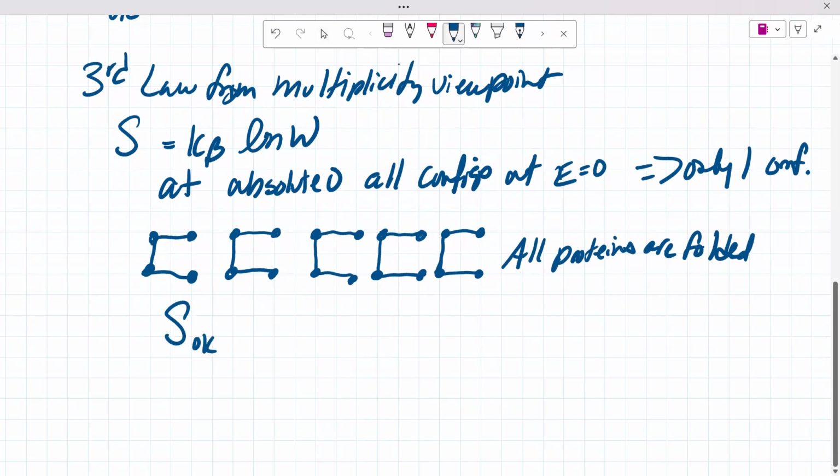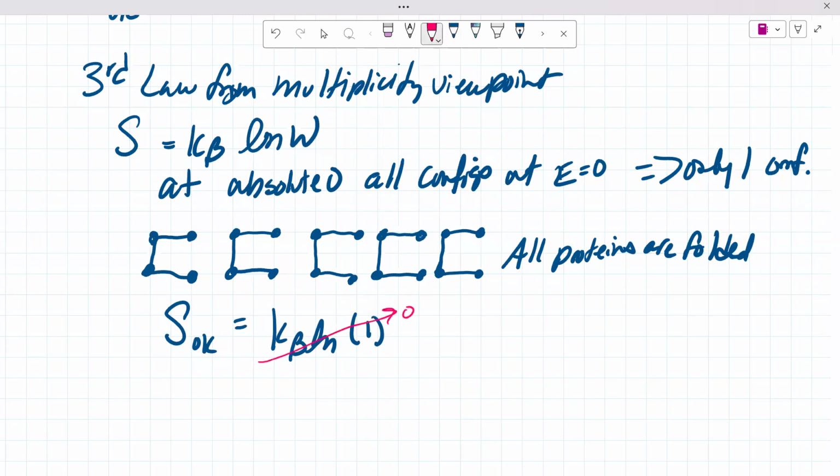S at 0 K equals k_B ln of 1, because there is one way to arrange the system: folded.